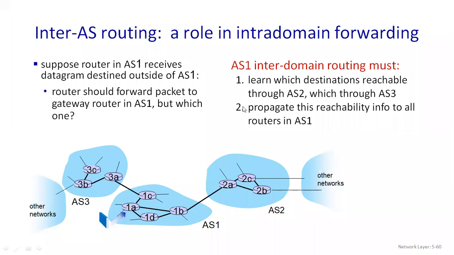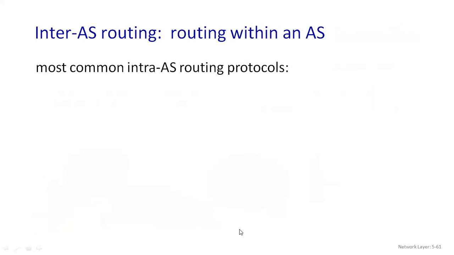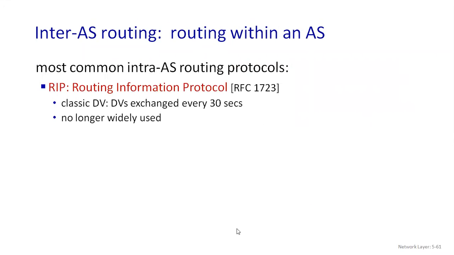That is the first thing we have to find out. The next point is you need to propagate the reachability information to all the routers in AS1. It means you have to propagate in such a way that it finds all the information present inside your routers. So how are you going to find that out?